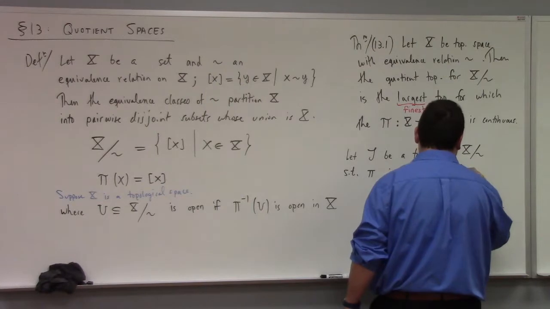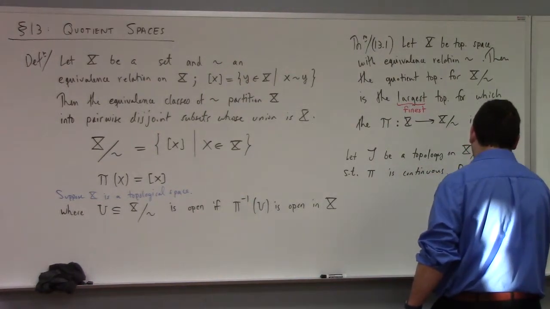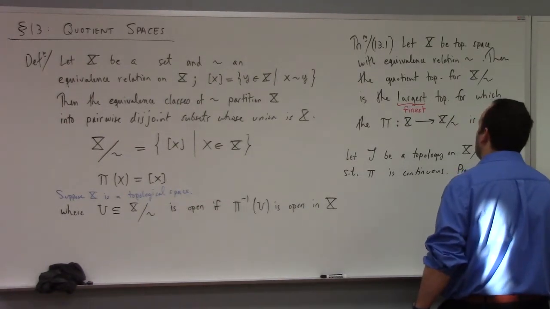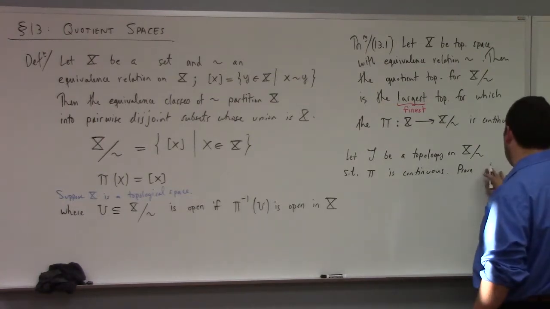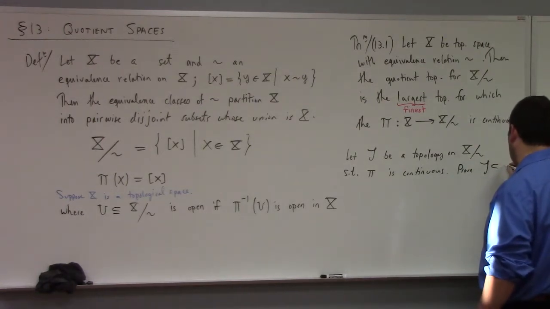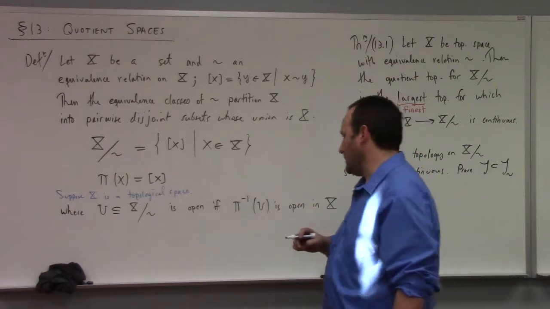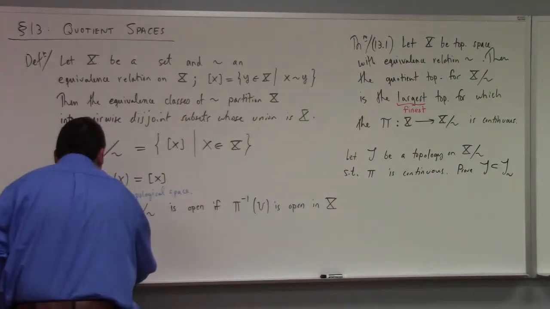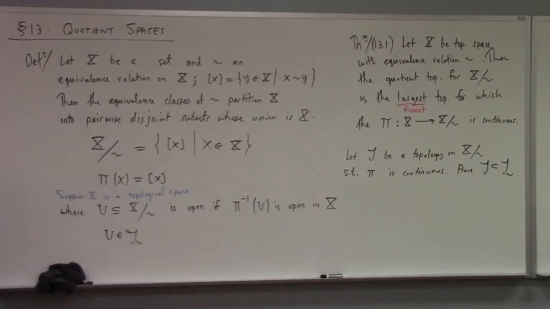Then prove that tau is a subset, that tau is coarser than the quotient topology. So tau is a subset of the quotient topology, which I'm using tilde for at the moment. So here I'm saying U is an element. This defines U as an element of the quotient topology here.